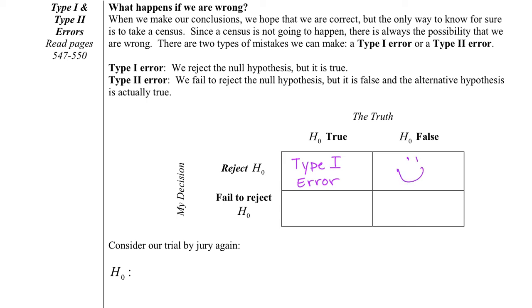We didn't make any mistakes. What happens if we fail to reject the null hypothesis and the null hypothesis is actually true? Well, once again, that is good. We want that to happen. There's no problem there, no error. And the last possibility, we fail to reject the null hypothesis, but the null hypothesis was actually false. That is a type 2 error.